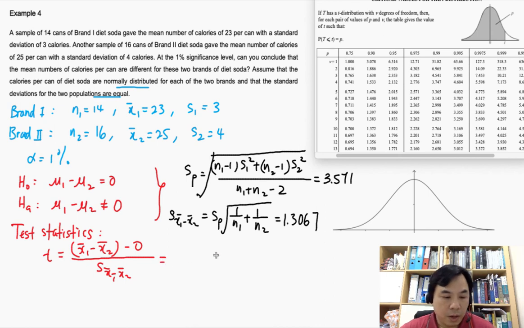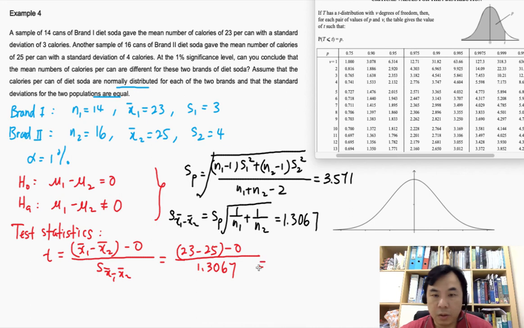And then by calculating this, I should have, let me see, 23 minus 25 here divided by 1.3067, and then the final answer I have already pre-calculated is negative 1.531.